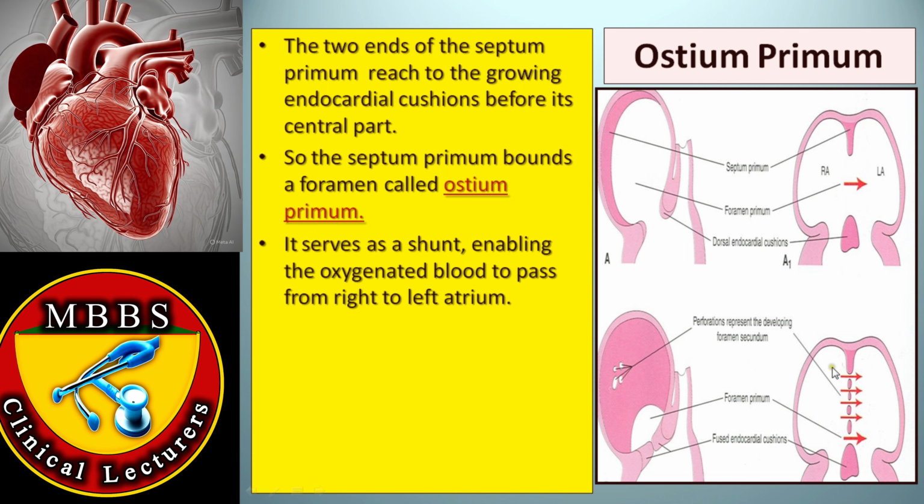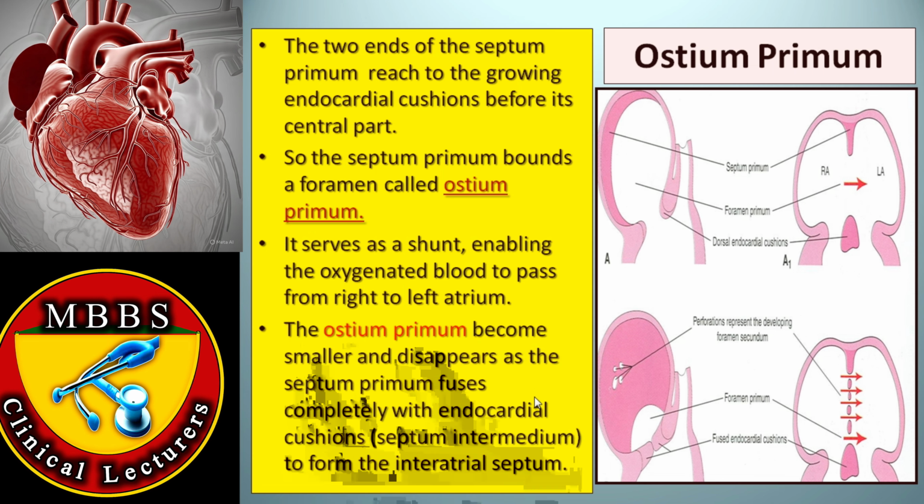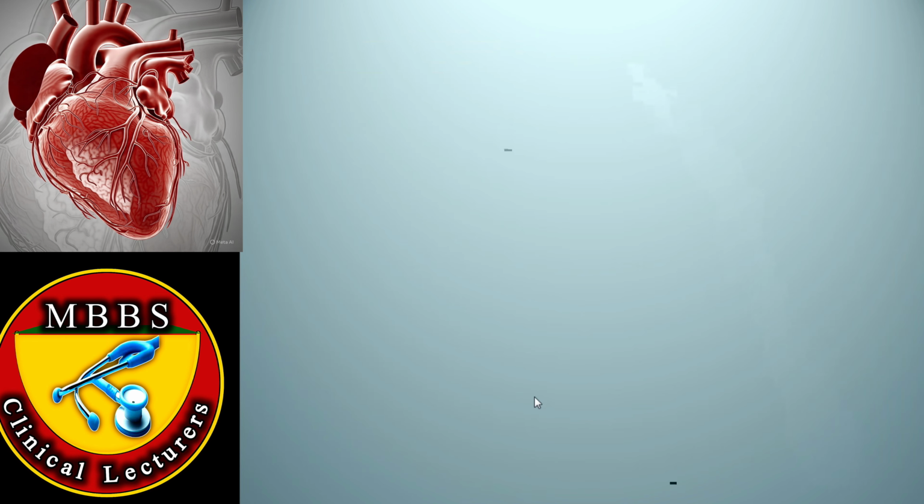But when that opening closes, a few perforations arise in that fused septum, and that is called the ostium secundum. So the ostium primum closes down, and the apoptosis of the septum primum resulted in the formation of the ostium secundum.